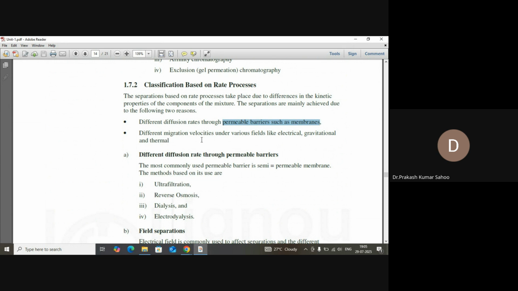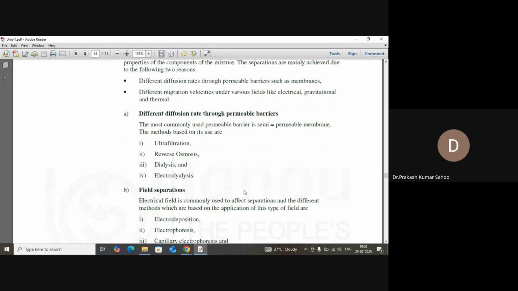And we have different methods depending on the migration velocities, like electrical, gravitational or thermal processes. Then different diffusion rates through permeable barriers: it may be ultrafiltration, reverse osmosis, dialysis and electrodialysis, which are already discussed.